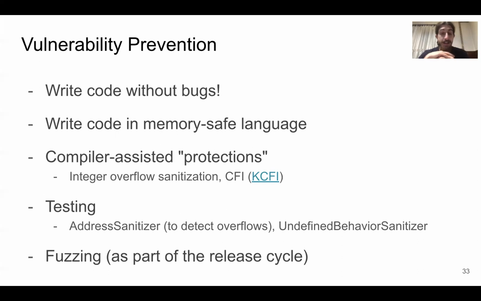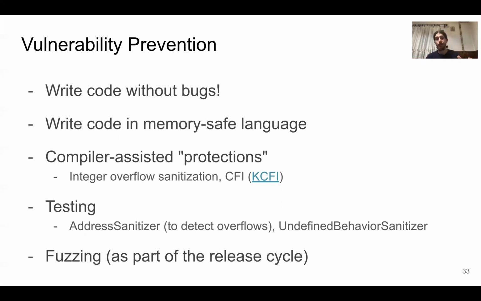The other thing is to use protections that are compiler assisted. There are a number of protections that are inserted once you compile a piece of code. Again, these are huge research trends. For example, integer overflow sanitization is a technique that is implemented as a compiler plugin.